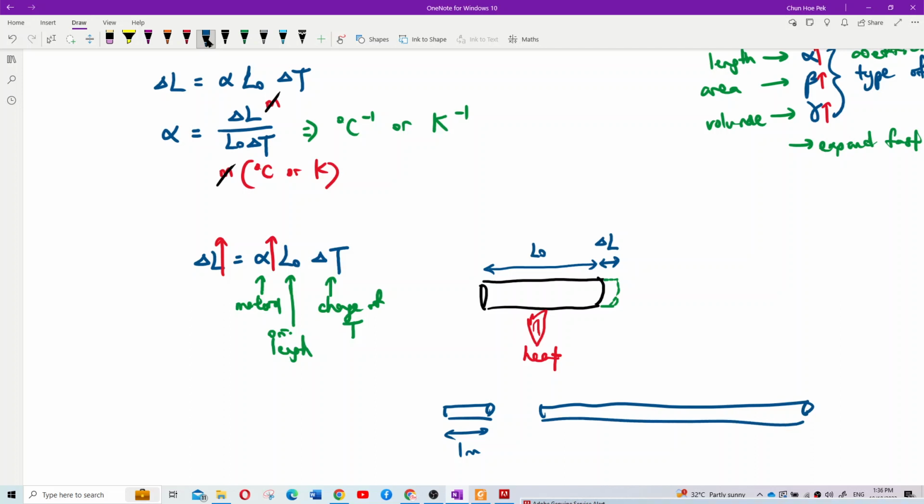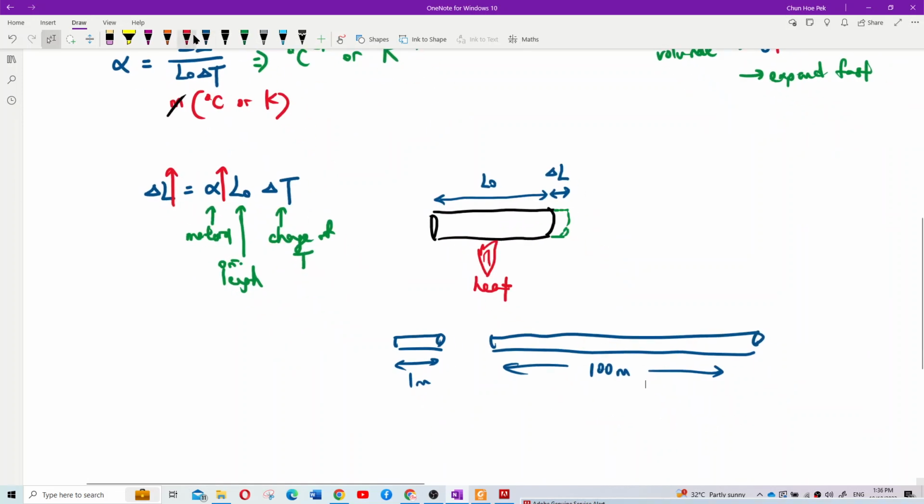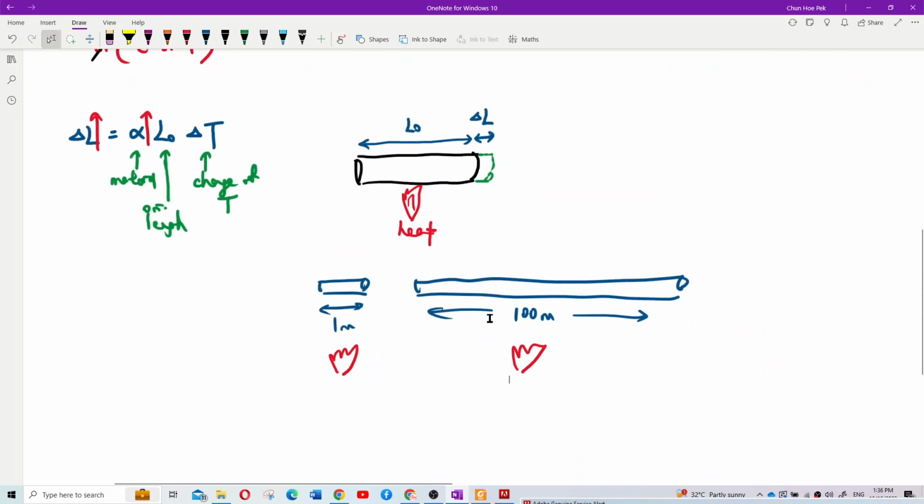Another rod is 100 meter. Both you heat up to the same temperature. Which one will expand much more?